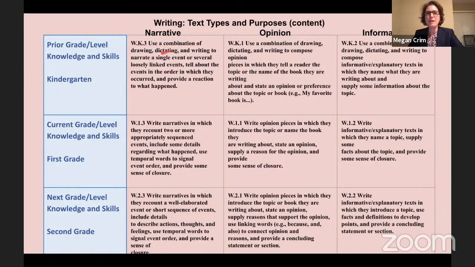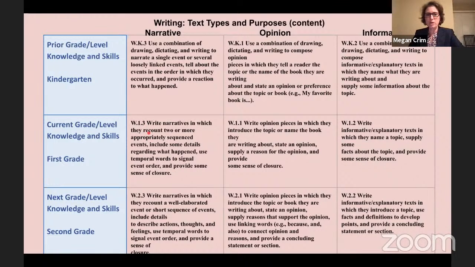So look at this, a combination of drawing, dictating, and writing is the standard in kindergarten. And then we go to first grade. And here's that W, which is text types and purposes, that's content writing. And then we have point 1, that's first grade, and point 3, that refers to narrative writing.